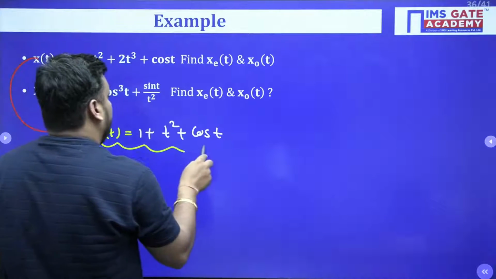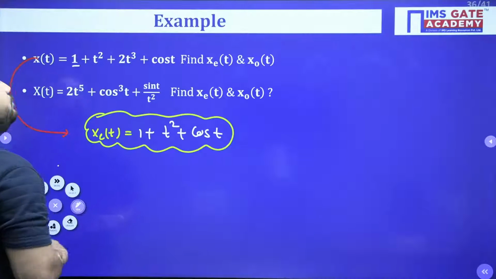So the even component of x(t) is nothing but 1 plus t square plus cos t.